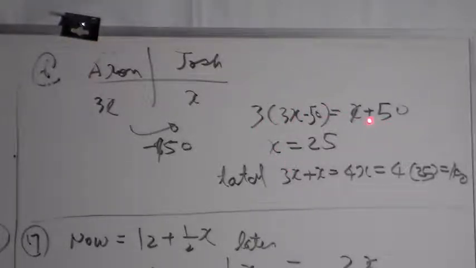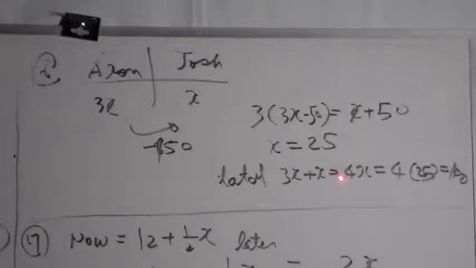Got it? Not 3 times over there. That's a fact, Josh has 3 times, but to make it equal, you have 3 times for Aaron. So x is 25. Then the question is how much they have in total. So total is 3x plus 4x, right?